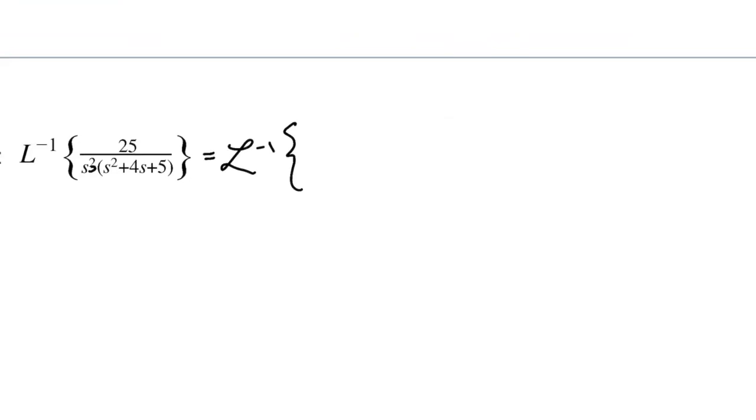When we set up our partial fractions, we have to set them up to compensate for all 3 possibilities. Meaning we could have A over s, like maybe the denominator is just s, or we could have B over s squared, like maybe there's 2 of those, or we could have all 3 of those.